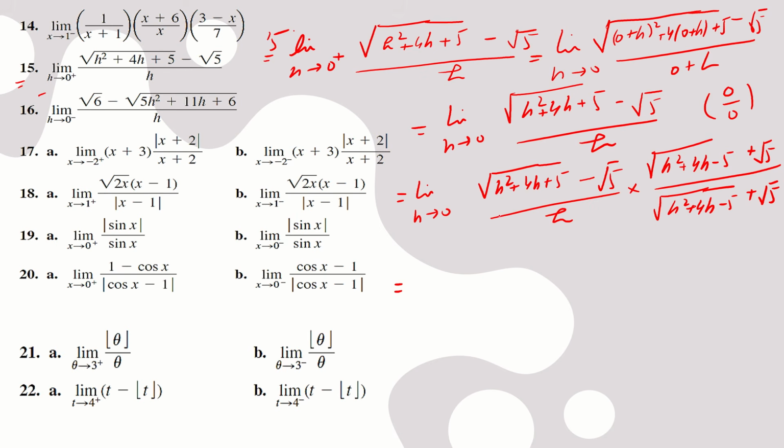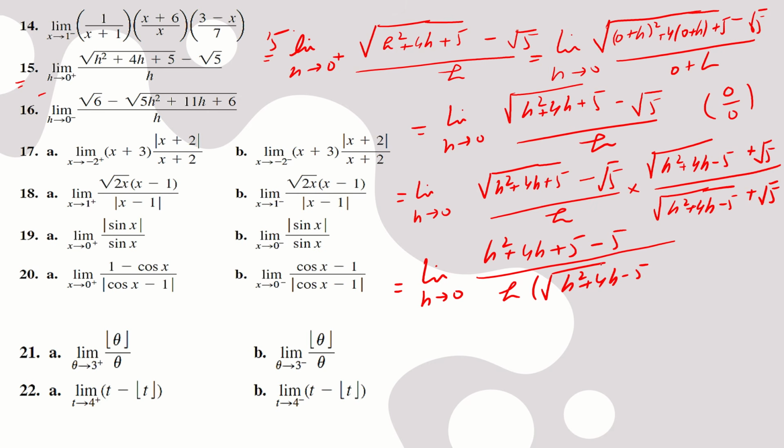So you'll get what? A minus b and a plus b, that would give you the square of this quantity. So we have h square plus 4h plus 5 minus 5 divided by h into under root h square plus 4h plus 5 plus under root 5.